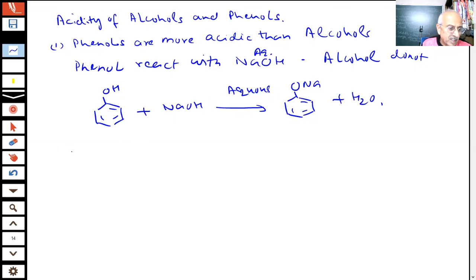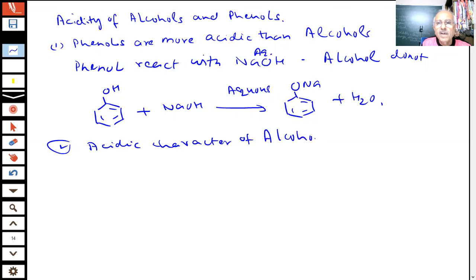Further important points about the acidic character of alcohol. The acidic character of alcohol is due to the polar nature of the OH bond.